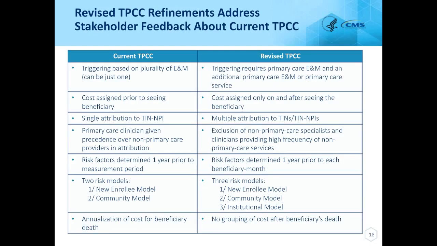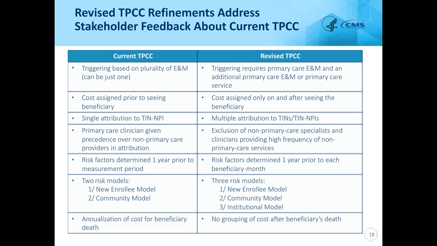What I mean by that is that the beneficiary is attributed to the clinician who provides the largest share of ENM costs during the course of the performance period. And the ENM costs are what we'll call primary care ENMs. Really, those are ENMs that are typically offered in an office setting or an outpatient setting.